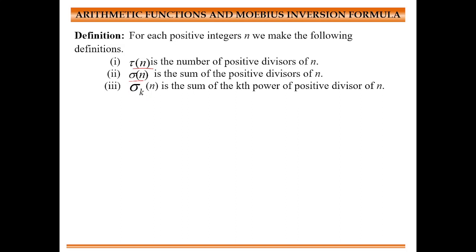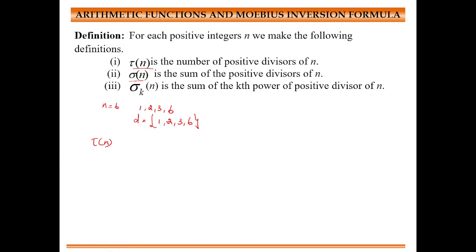Say for example, if we take n is equal to 6. The positive divisors of 6 are 1, 2, 3 and 6. That is, D is 1, 2, 3, 6. Now tau of n counts the positive divisors of n.